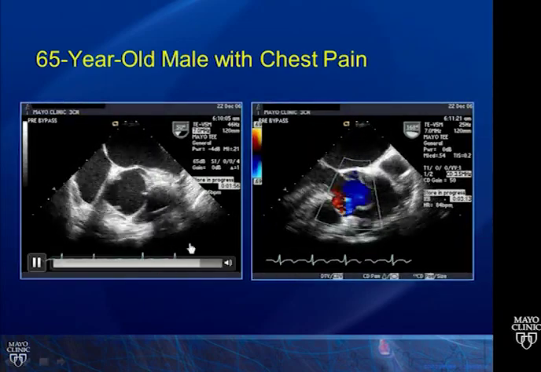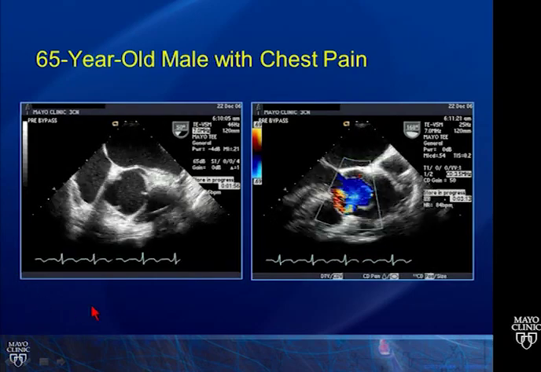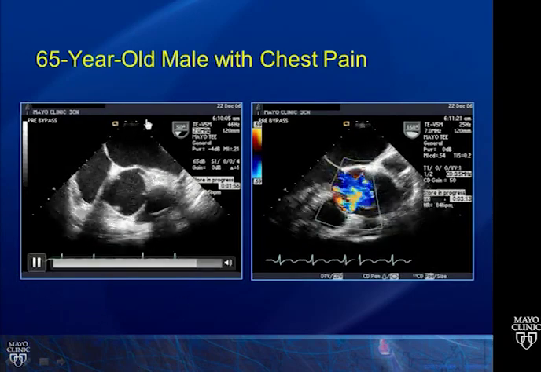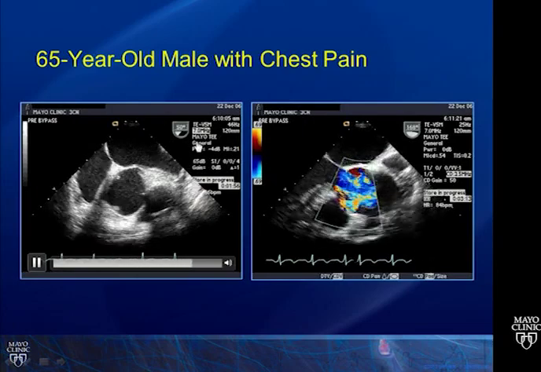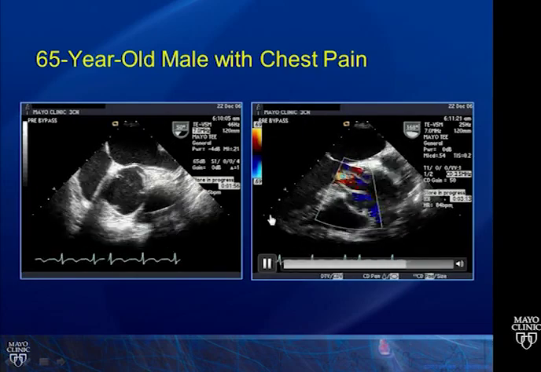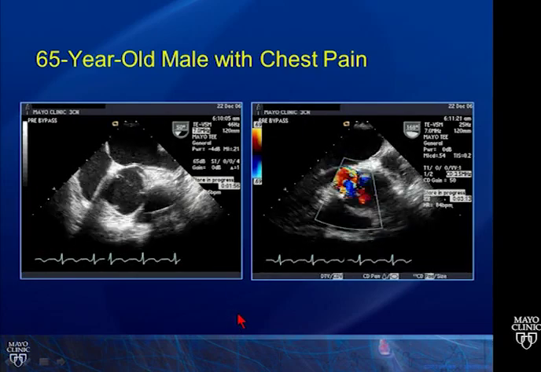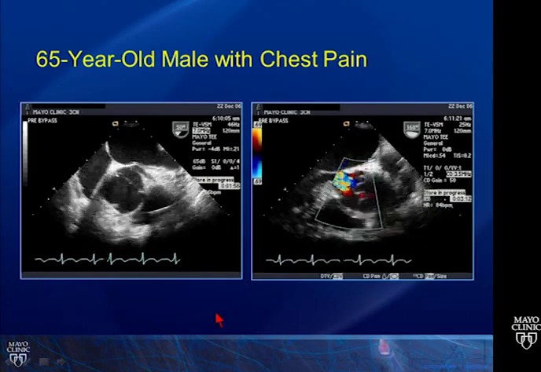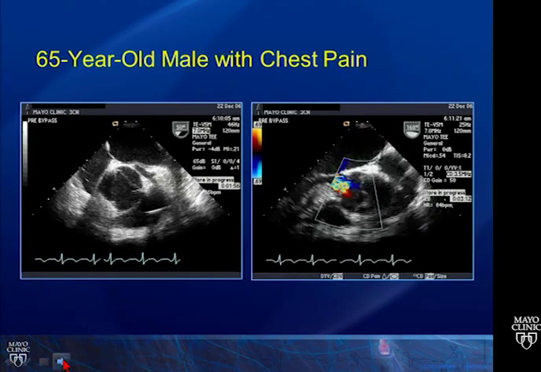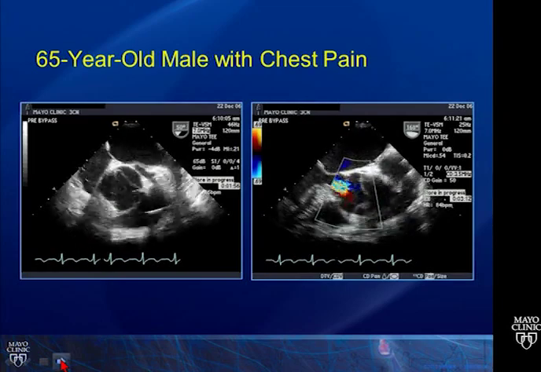And here we have another view from our transesophageal echo with the same patient, 65-year-old gentleman with chest pain, and then with our color Doppler added in there for assessment of the valve.